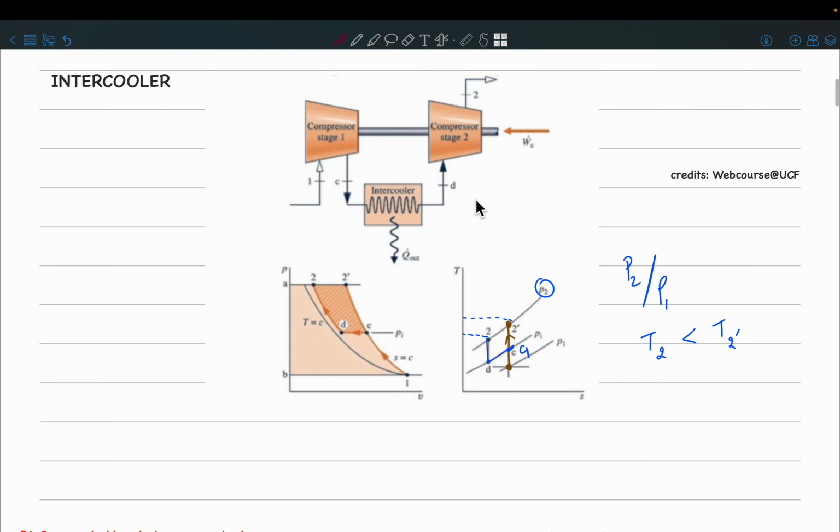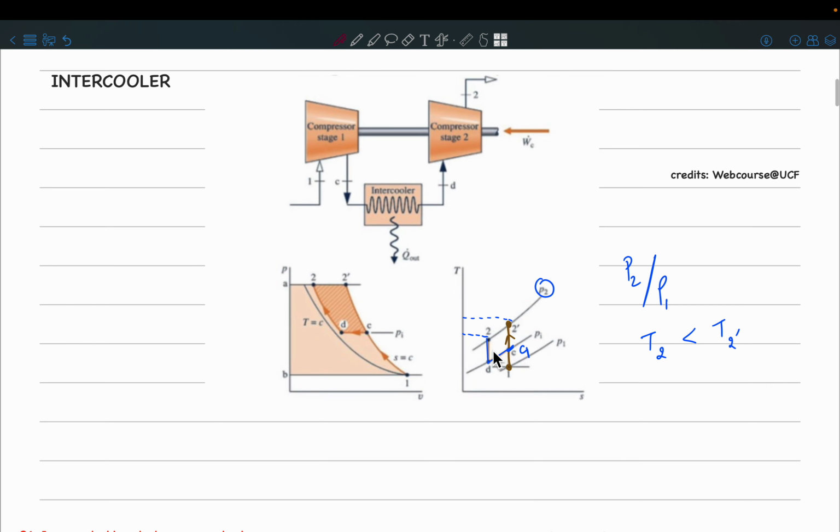Okay, let us see what happens in an intercooler. So in an intercooler, what are we doing? Let's see the TS diagram. We start from state 1. We increase the pressure in the first stage, that is the compressor first stage. And then we decrease the temperature, allowing some heat to be released, and then we further increase the pressure.